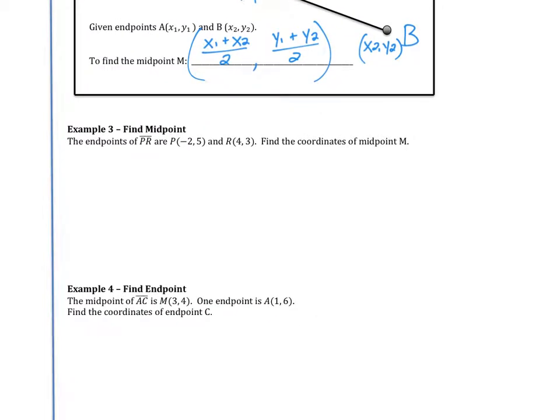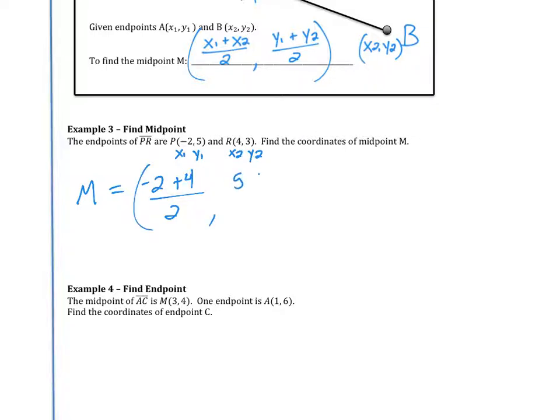So for example, the endpoints of segment PR are (-2, 5) and (4, 3). Find the coordinates of the midpoint. So we have x1, y1, and x2, y2. If we want to find the midpoint, M, we're going to take the x's and add them up and put them over 2.